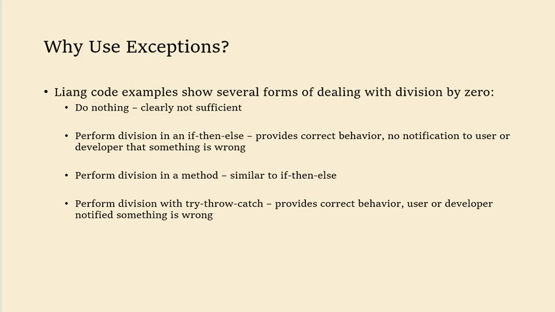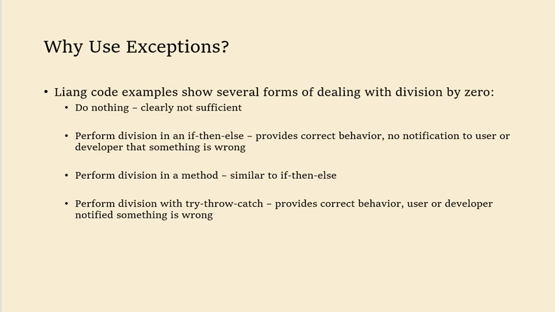But if there's a zero in the denominator, it's likely that something went wrong. And so it would be helpful for you to tell either the user or the developer that something went wrong. So by using an if then else, you're actually alerting them to the fact that, hey, things aren't right. I mean, the program didn't crash, but something's fishy here.